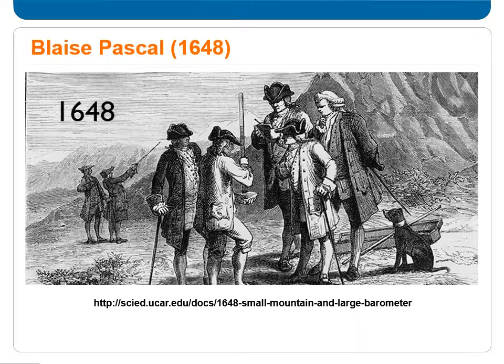In 1648 Pascal and his friend and colleague Florent Perrier hiked up the Puy de Dôme, a small grass-covered extinct volcano in central France with a summit elevation of 1,464 meters. They carried a Torricelli barometer with them. The mercury level in the glass column was lower than it was at lower elevations.